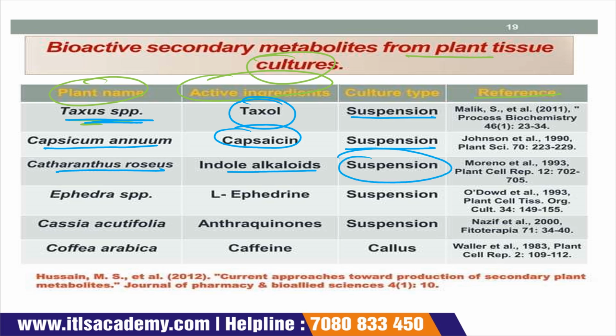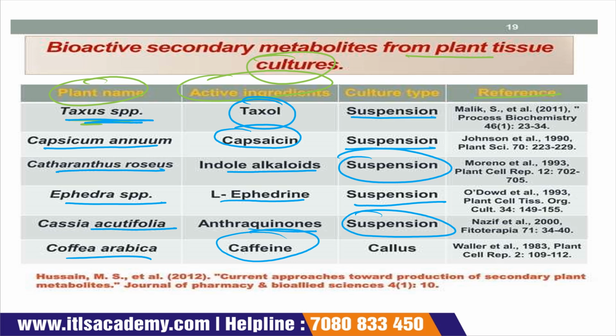Now the next plant is Ephedra species, and the active ingredient is L-ephedrine, and the culture type is suspension. The next plant name is Cassia acutifolia, and the active ingredient in that plant is anthraquinones, and the culture type is suspension. Now the last plant name is Coffea arabica. The active ingredient is caffeine, and the culture type is callus.